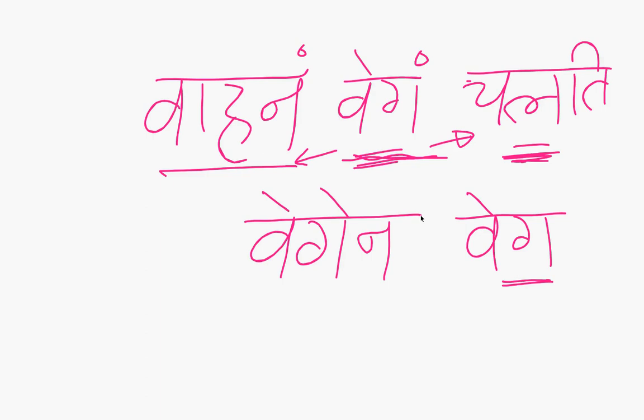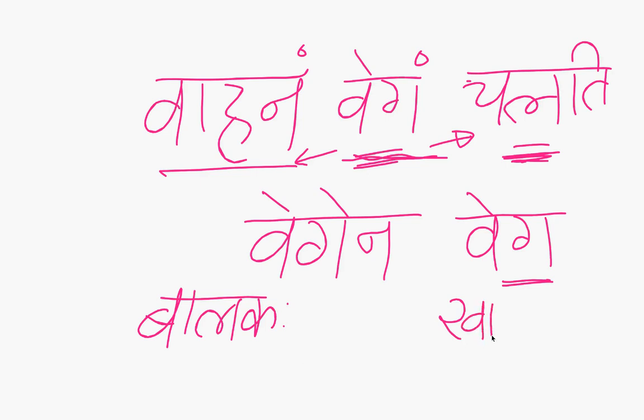Suppose somebody is eating something happily, let's say. He likes sweet, and because he likes it, he is eating it happily. So what do you say? Again, going to balaka. Balakaha, eating, what do you say?